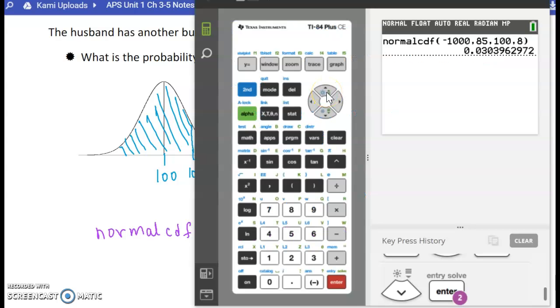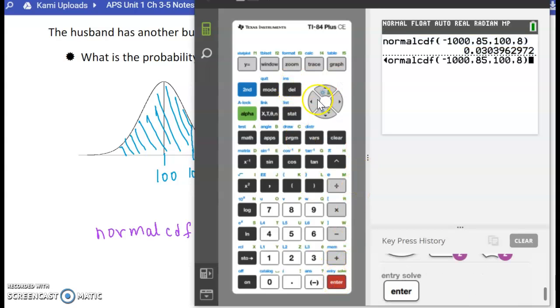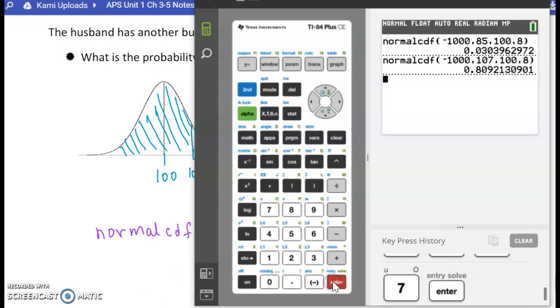Another way to do this on your calculator, you could just arrow up, go grab that initial function that you had, normal CDF, because we only need to change one number. Instead of going up to 85, we're going to go up to 107. So now it's a different length, so I have to insert that third digit, 107. And there you go. I can just enter that.